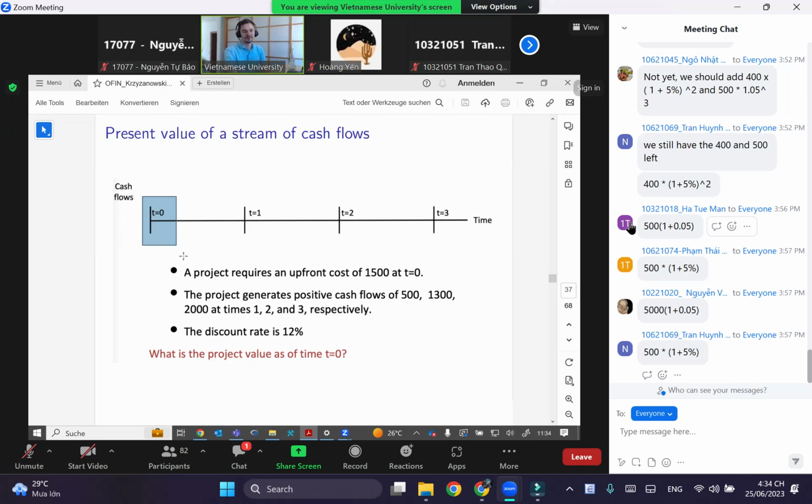First question: in which time do we have to plug the 1,500 on our timeline? Well, it's already mentioned here, right? In period T equals 0, we have to plug the 1,500. Question: would we write here really 1,500, or would it be something else?